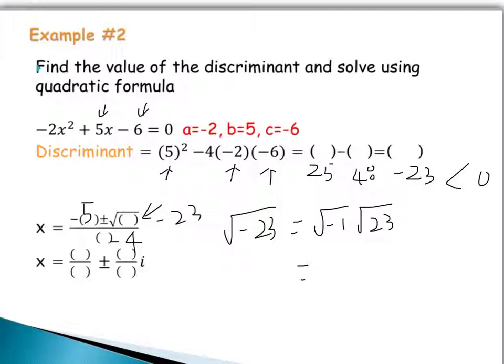It is square root of 23 i, because the square root of negative 1 is i. So your solution set equals 5 over 4 plus minus square root of 23 over 4 i. This is the a plus minus bi form of complex numbers.